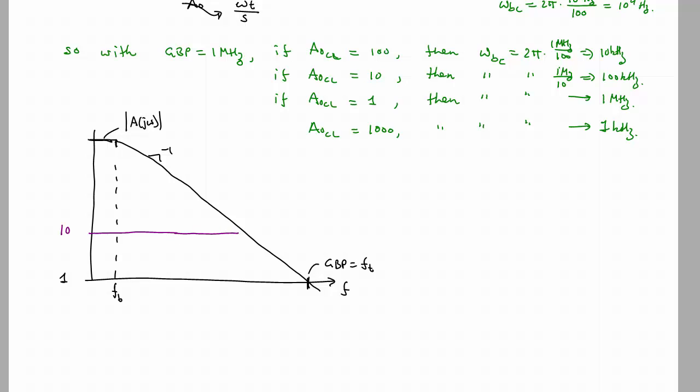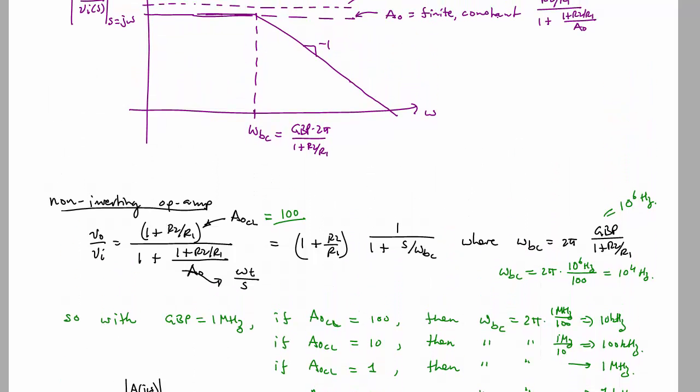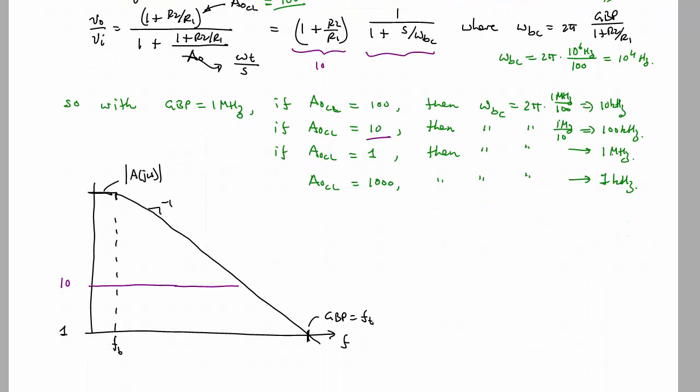What we find is that the response of the closed loop non-inverting op-amp is no longer just this constant fixed gain of, say, 10. It's 10 at low frequencies, but at upper frequencies it's going to roll off, and it starts rolling off at that break frequency. So for a gain of 10, we had a break frequency of 100 kilohertz. Let me redraw this here, somewhere around here.